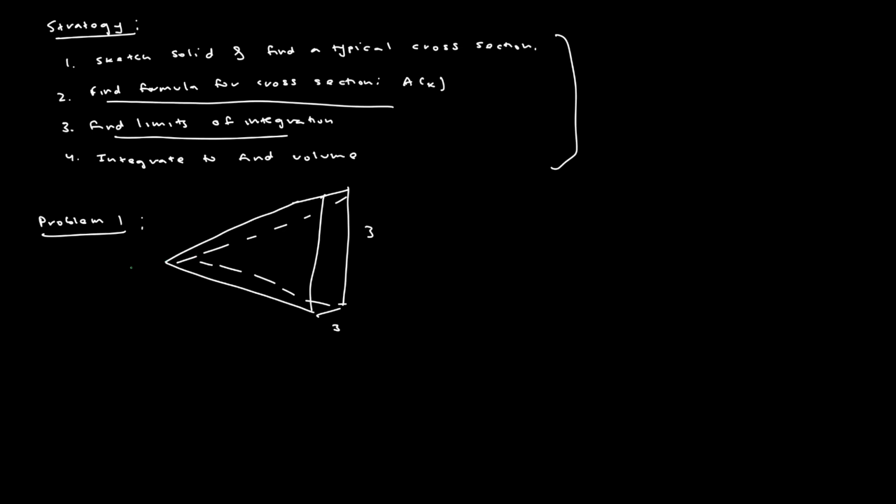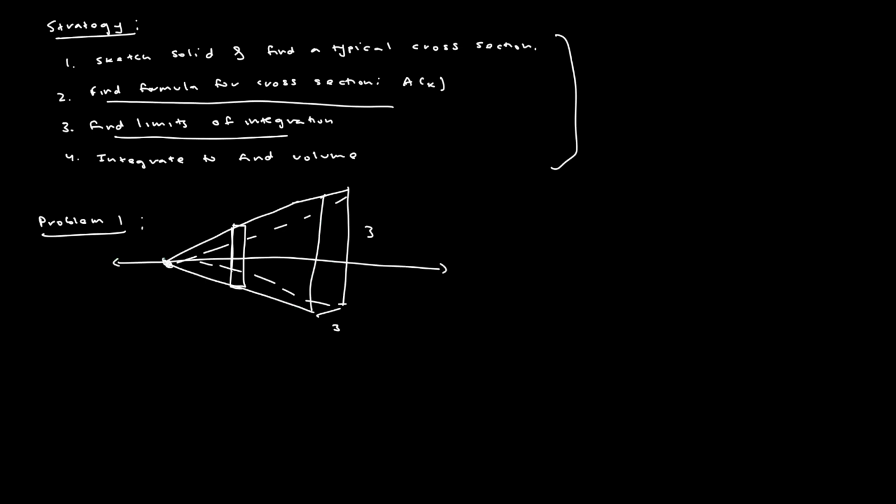If you were to draw an axis over here, we know that the cross section is always a square, and the width of the square continues to decrease as we move towards the left. The size starts from 3 and goes all the way to 0 at the lower limit.